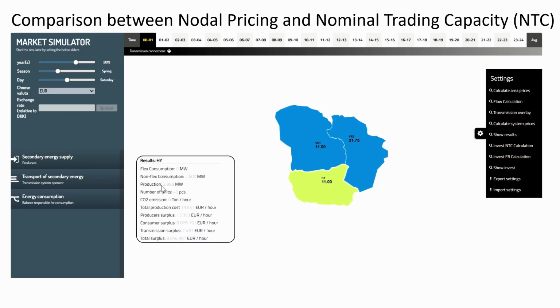You can see here now the production is only 2,989 megawatt. So the marginal price here has decreased, and it has increased there, and it is the same in these 2 areas. So there is a clear difference between making a flow-based calculation and making a normal trading capacity calculation.